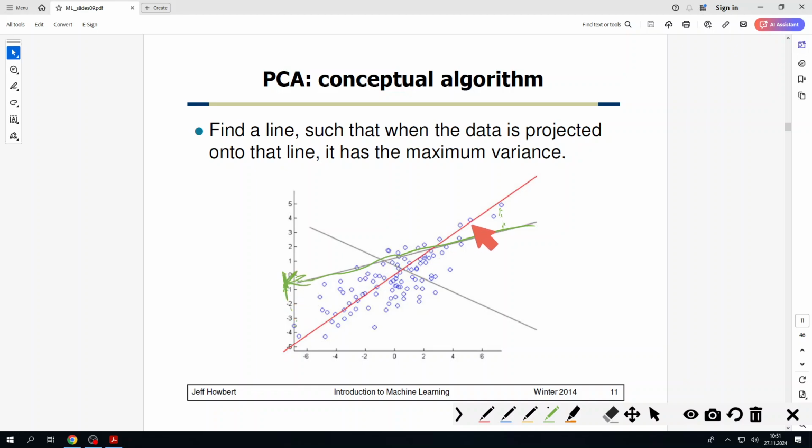For this line, the variance of all of these projections from this point all the way up to this point is like here, and for the red one it is from this point all the way up to this point, which is here.